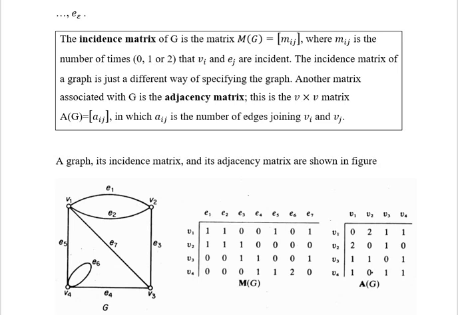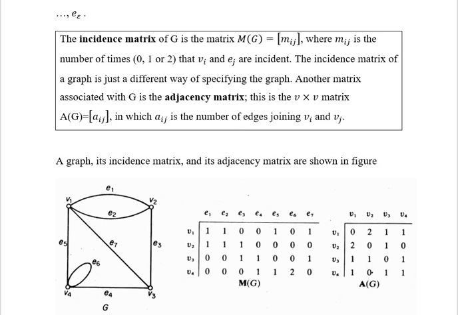Here the rows as well as the columns represent the vertices, and the digits in the matrix indicate how many times the corresponding vertices are adjacent to each other. The first element in the matrix is 0, corresponding to V1, because V1 is not adjacent to V1 itself, so it is 0 there.